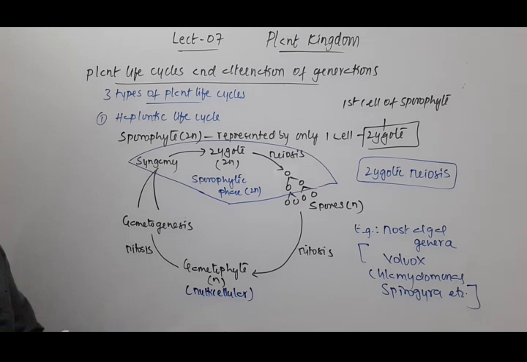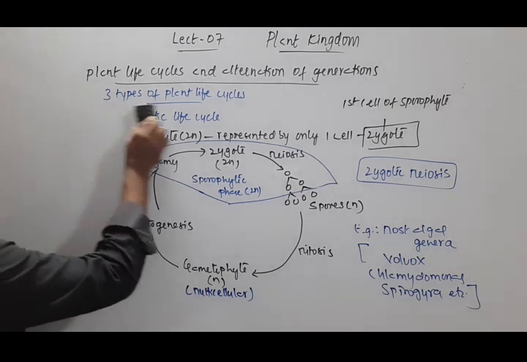Of course, not all algae will show a haplontic life cycle. Most algal species will show it. Of course, there are other species who will show some as diplontic, and some will even show haplodiplontic mode of life cycles. So this is all about the haplontic life cycle.